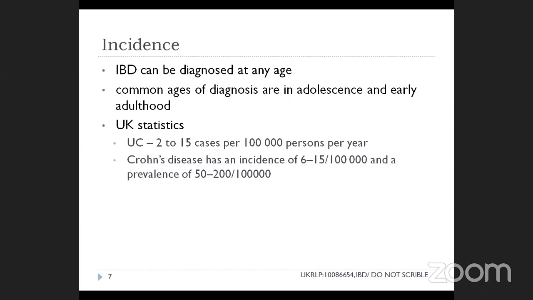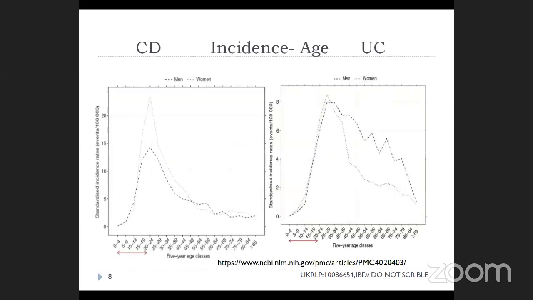This is a graph which clearly indicates the age differences and also the disease incidence in men and women. The small dotted line shows the incidence in women, and the dark dotted line shows the incidence in men in relation to the age group.